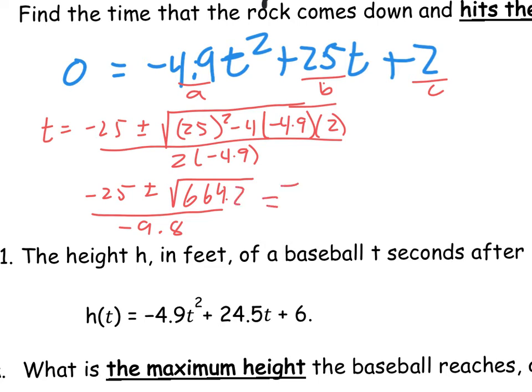So I'm going to take the square root of that. I get negative 25 plus or minus the square root of 664.2. I get 25.77, so I'm going to say 25.8. We'll just round it, that's fine. Over negative 9.8.